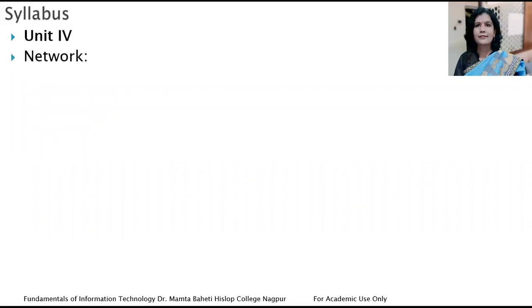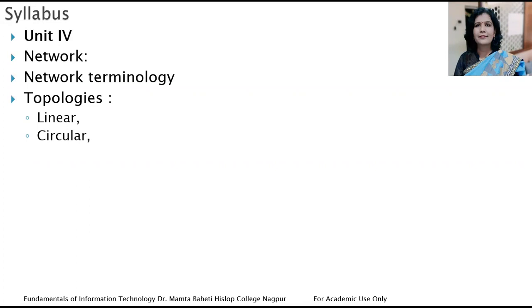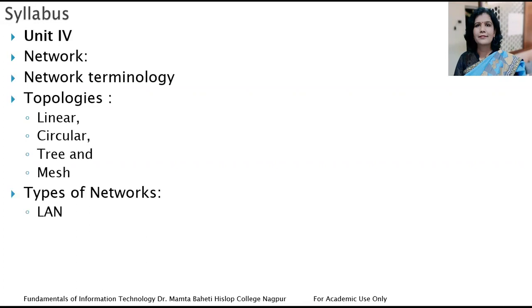In unit 4, we'll learn what is networking, what is network topology, terminology, and the various topologies: linear, circular, tree, and mesh, and the types of networks, LAN, WAN, and MAN.